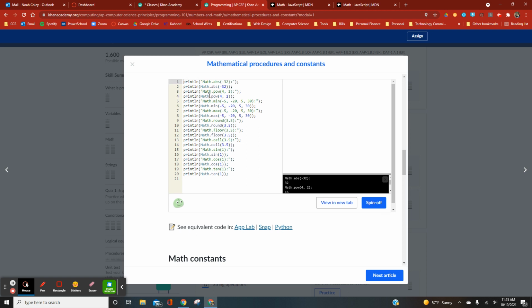So let's go through just a couple of these, okay? Math.abs, we know that's absolute value. And negative 32, print line, what's the difference? Okay, here's what's different.